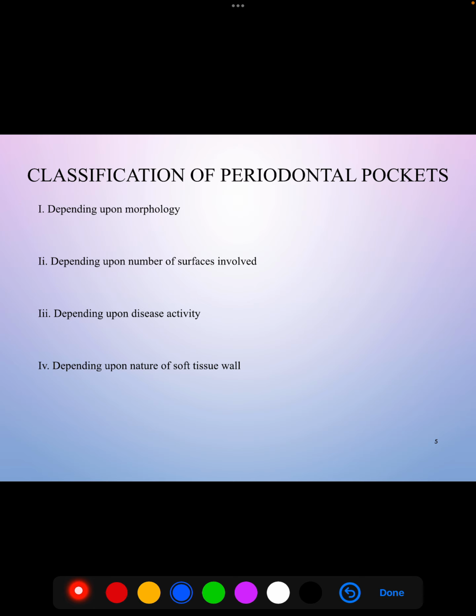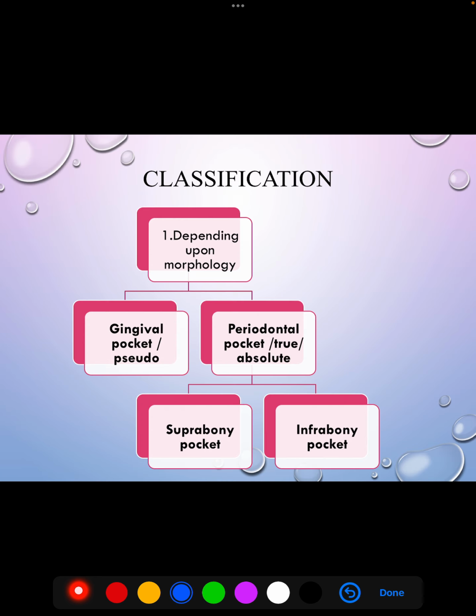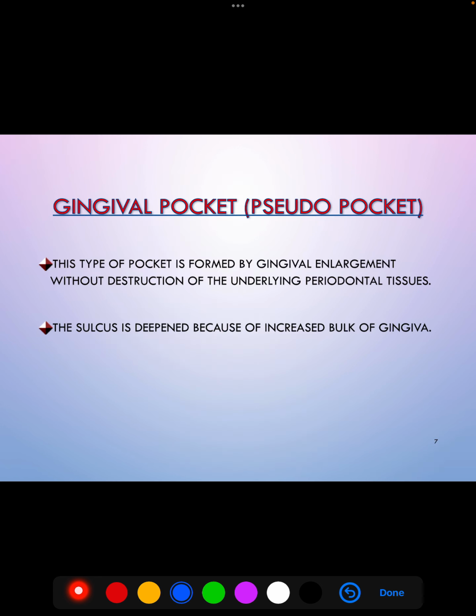Now, how can you classify the periodontal pockets based on these headings, which we will see in detail. First is depending upon the morphology. It can be a gingival pocket or a periodontal pocket. Gingival pocket is also known as pseudo pocket. Why?